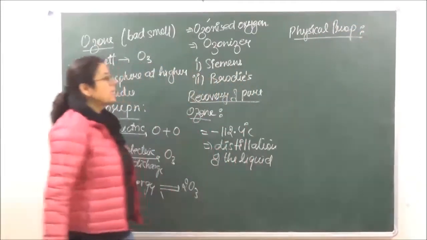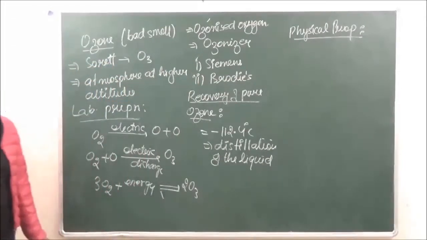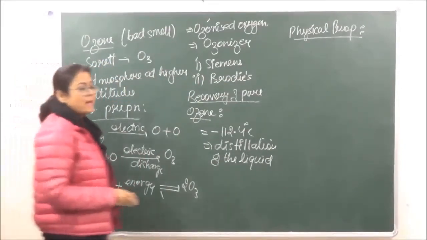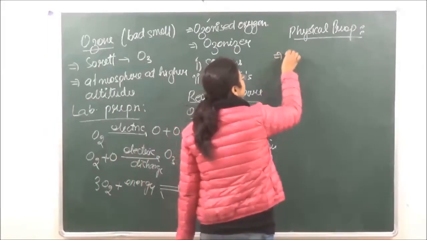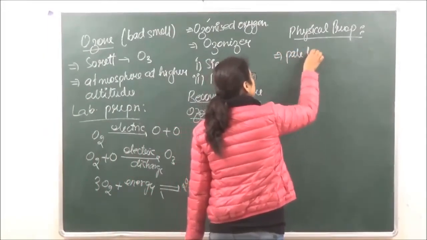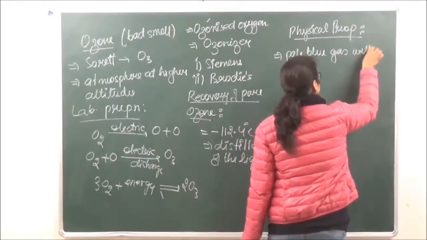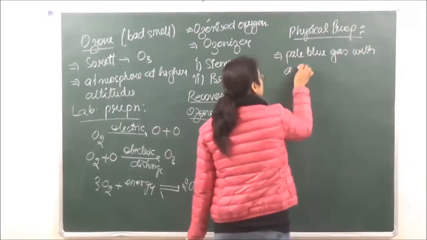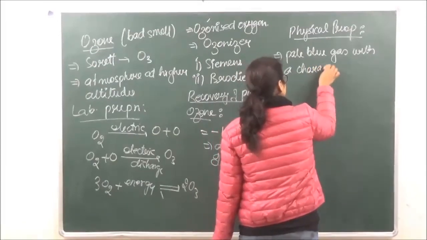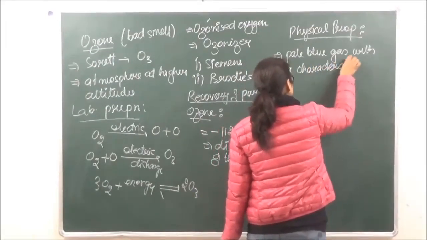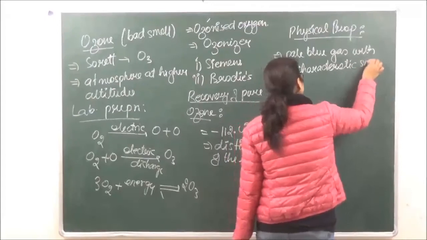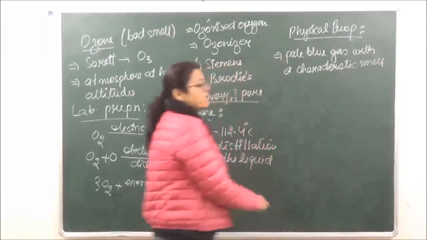First is the physical properties of ozone. Number one, it is a pale blue gas with a characteristic smell.